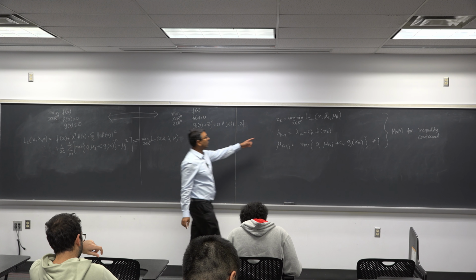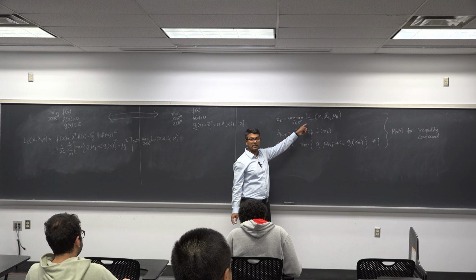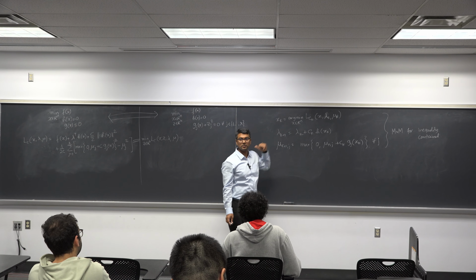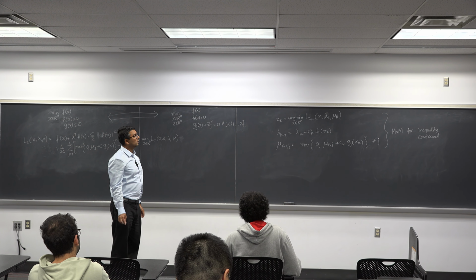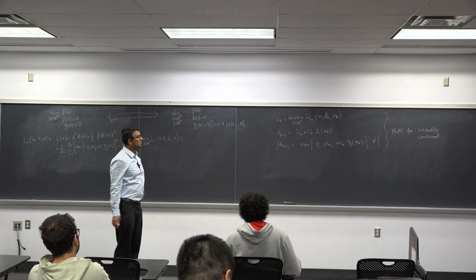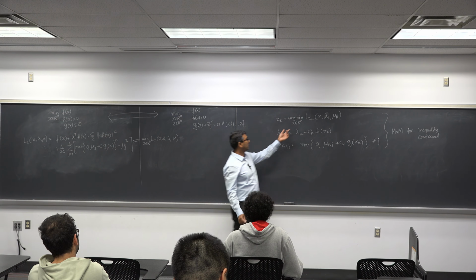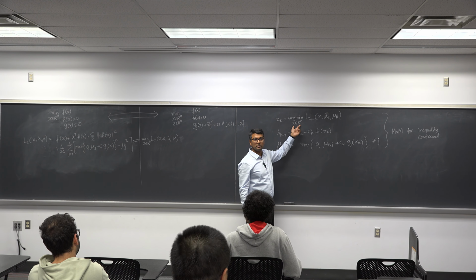How would you solve this problem? The argmin of L_ck. How will you solve this in actual practice on a computer? Remember, this is an unconstrained problem. All the stuff we studied for unconstrained optimization, Newton's method, steepest descent, Armijo's rule, all of that can be applied here to solve this problem.